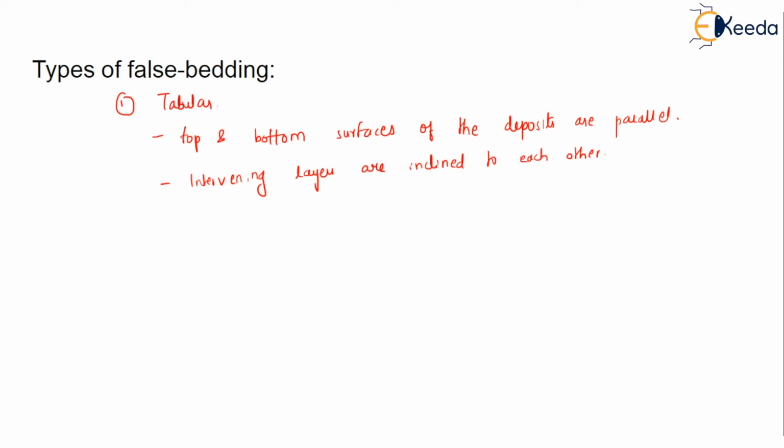Coming to the next type, that is lenticular. Here all the layers will show extreme irregularity in shape and deposition. Also the individual layers are intersected by many others lying at different levels. Let me repeat, in the lenticular all the layers will show extreme irregularity, also in shape and deposition.